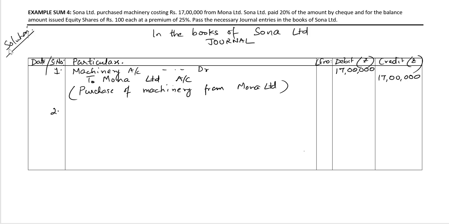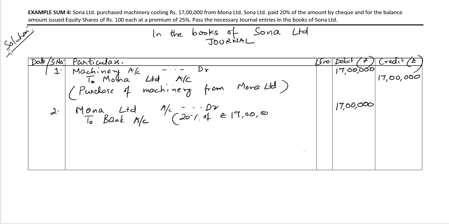The second entry is for the settlement of amount due. Mona Limited account, debit, amount payable to Mona Limited, 17 lakh rupees, to bank account. It says 20% of the amount was paid by cheque. So 20% of rupees 17 lakh comes up to 3,40,000 rupees.